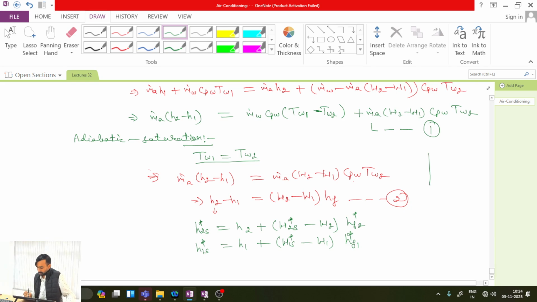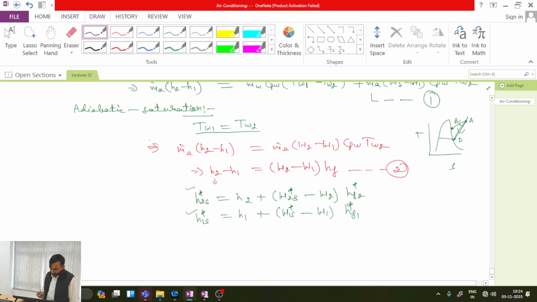If you recall, on the TS diagram I have plotted something like this. From state A I can come to state D, which will be dew point, and the other I can come like this, which will be the wet bulb temperature. Correct? So I am talking about the process A to B from one end, state 2. All of you agree to this point? Okay.